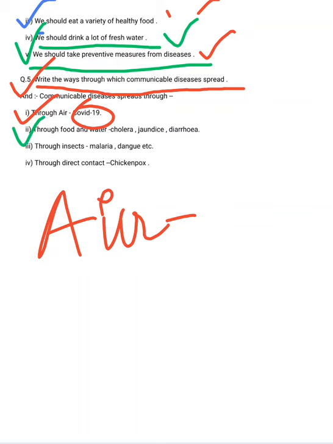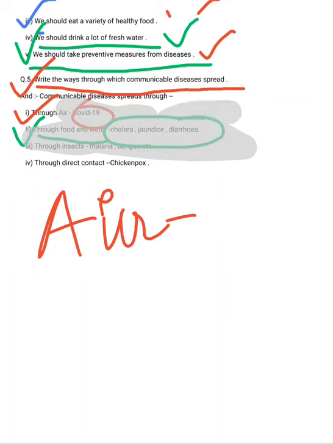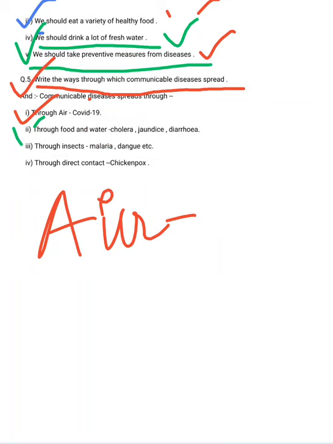Next, through food and water. The diseases like cholera, jaundice and diarrhea are the diseases spread through food and water. যদি আমি লেতেৰা পানী খাওঁ তেতিয়া কি হ'ব পাৰে? আমাৰ শৰীৰত বিভিন্ন বীজাণু লগ লাগিব পাৰে, ঠিক আছে তো? So what? আমি সদায় পৰিষ্কাৰ পানী খাব লাগে.